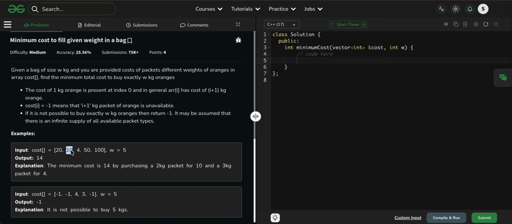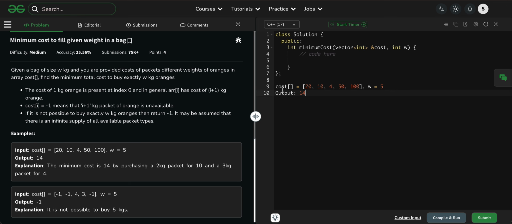But here we start from the 0 index, so 0, 1, 2, while the weights start from 1, 2, 3, 4, 5. I explained the whole concept so you can easily understand the question.